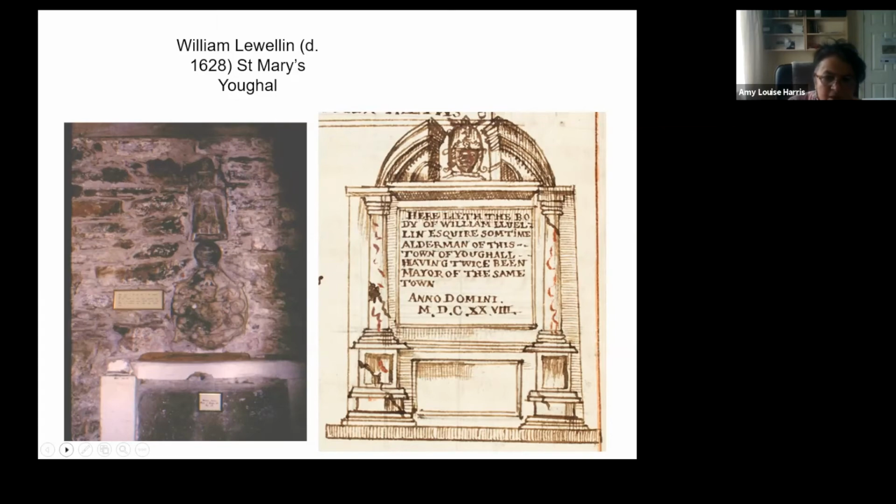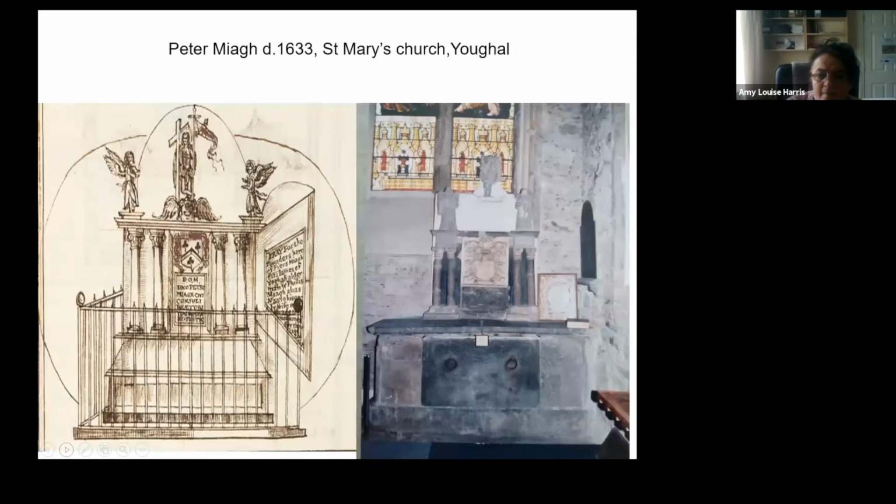Another memorial which he sketches is the Piers Mee monument, and he was alderman in 1633. Now, when you look at Dingley's drawing, obviously the railing is gone, and some of the figures are shown probably a bit more elaborate than they are originally.